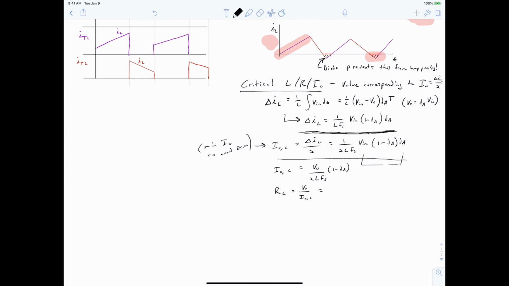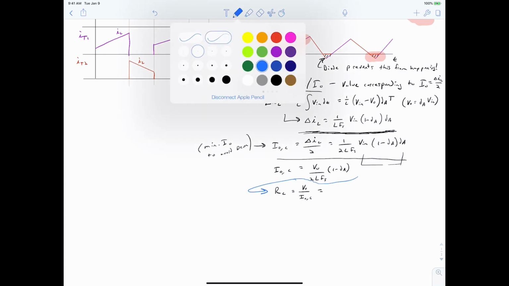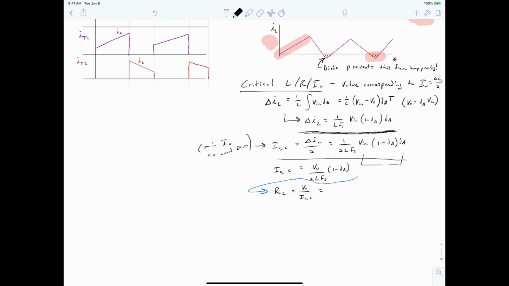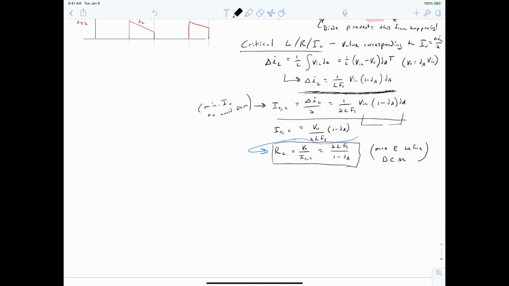And using the above expression, we find that our critical resistance is this quantity, and this is the maximum resistance before we enter DCM. And finally, we can solve for our critical inductance.